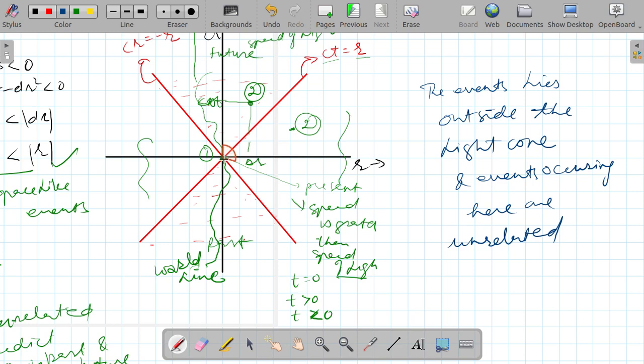That means event 1 and event 2 in this region are not related to each other, but event 1 relates to event 2 if it is inside the light cone. That means there is no causal relationship between the events.